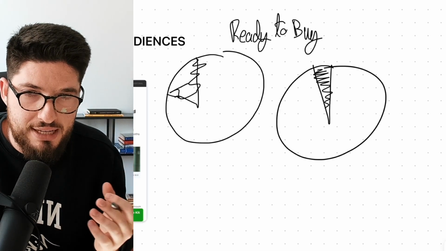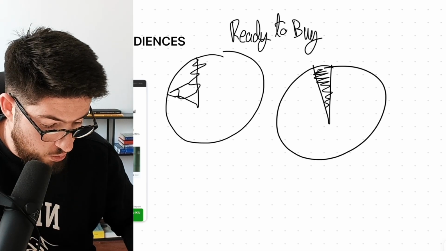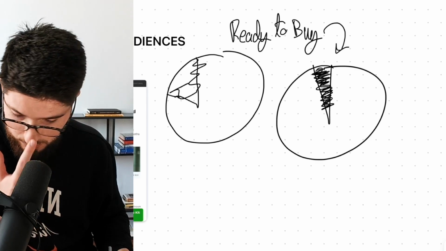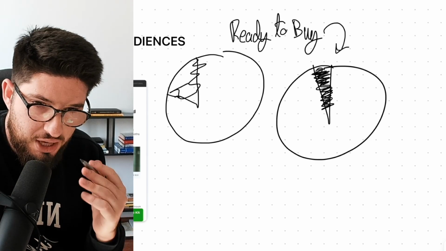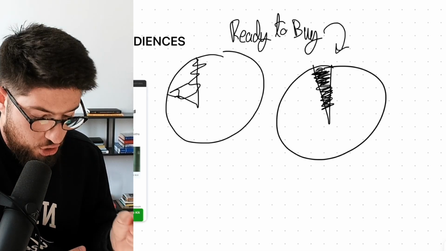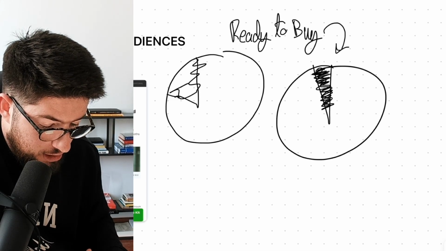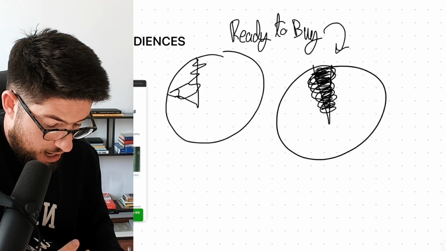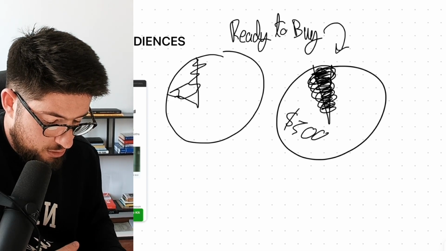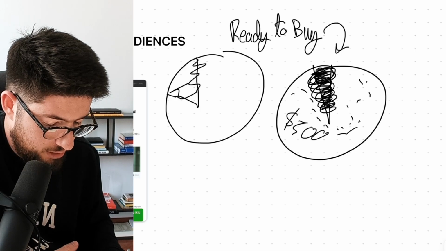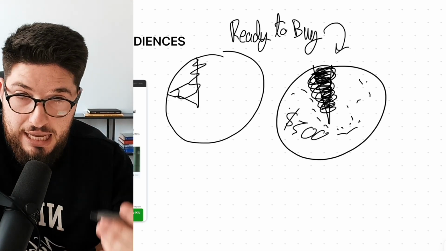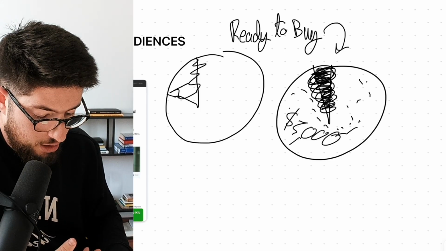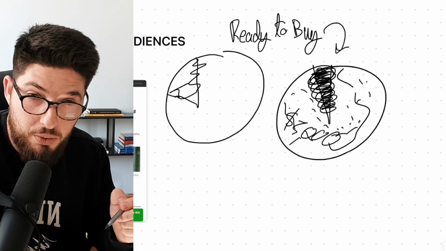And inside of this small audience, the people who are ready to buy is only these people here. And so when you start spending $1,000 a day, $2,000 a day, you will spend a little bit of money into these audiences here, but maybe $500 are gonna go to people that are in here. And then if you start spending 10K a day, maybe 5,000 or 7,000 are gonna go to people who are not ready to buy now.